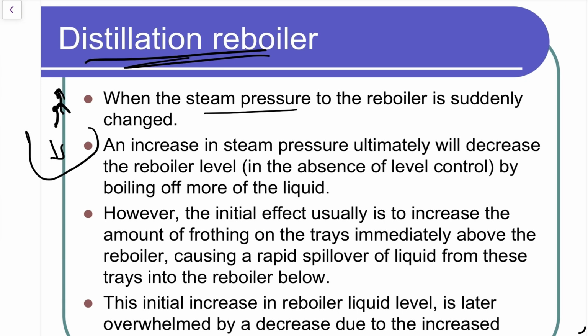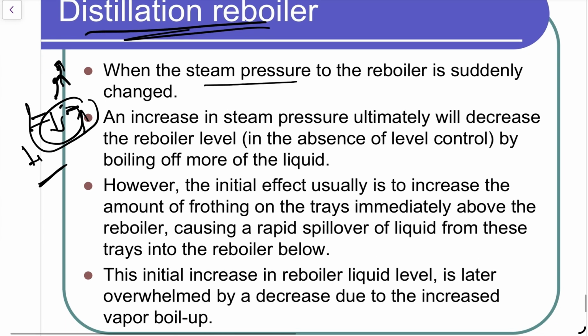But initially, the froth on the trays increases and liquid spills into the reboiler. So the level rises first. Later, due to boiling, the level decreases again. Okay, this is inverse response. Please go through it for more understanding, but this is the overall idea for the distillation reboiler.